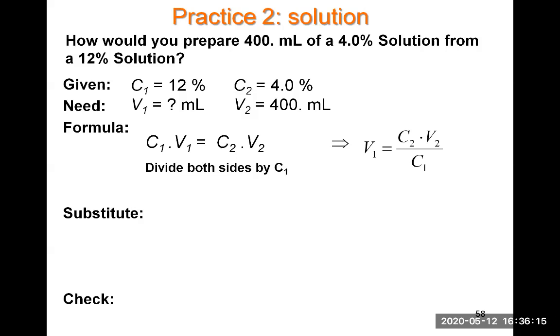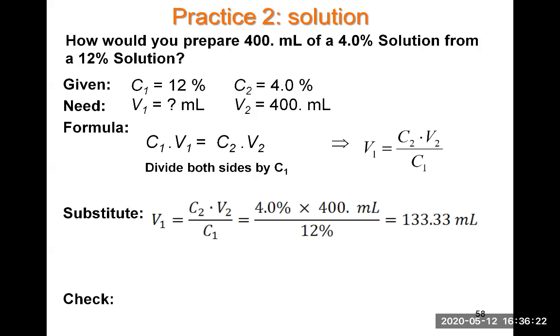Our two concentrations have the same units of percent, so they will cancel out. V1 is equal to C2, 4%, times V2, 400 milliliters, divided by C1, 12%. The percentages cancel, and we're left with milliliters. So the volume we find will be in milliliters.